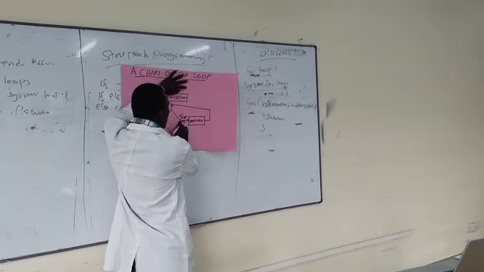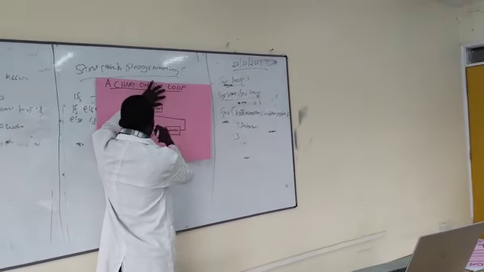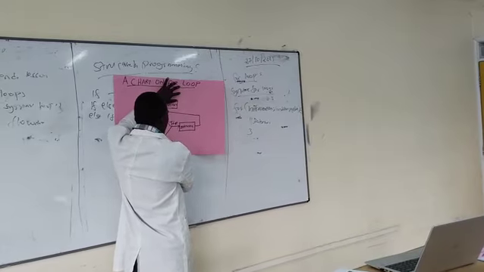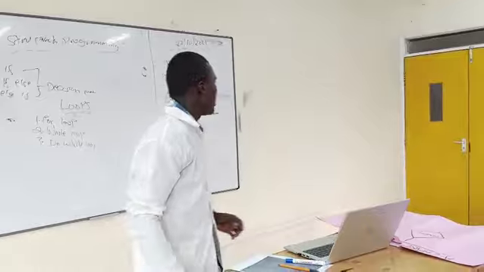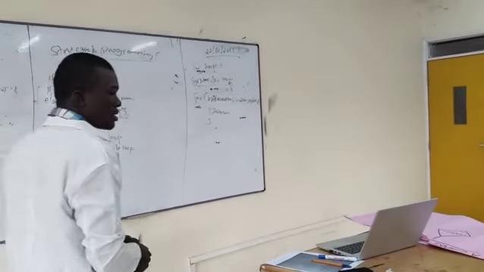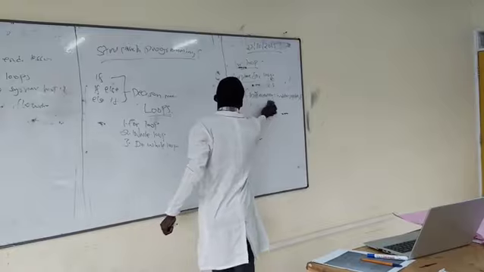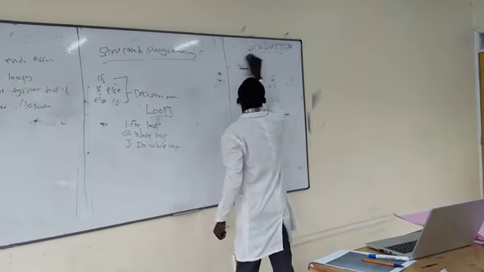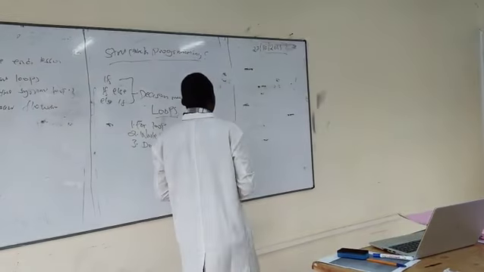If the condition is true, the statement is executed. If it's false, the program ends. So let's have a simple program that will print, let's say, 1 to 10 numbers.